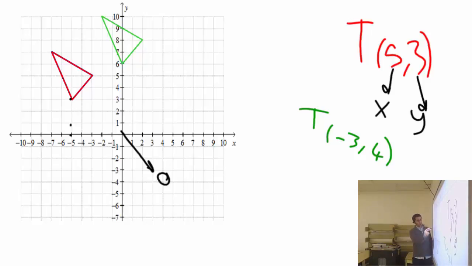So 3 units. This is standing at -7. So -7. I need to go 3 units to the left. That will mean -10.